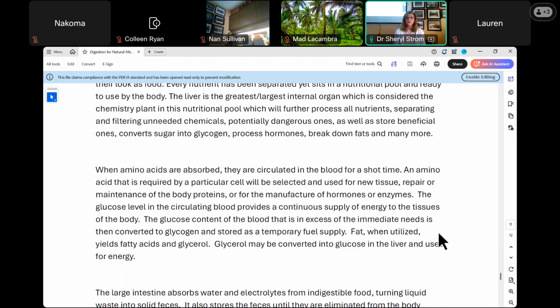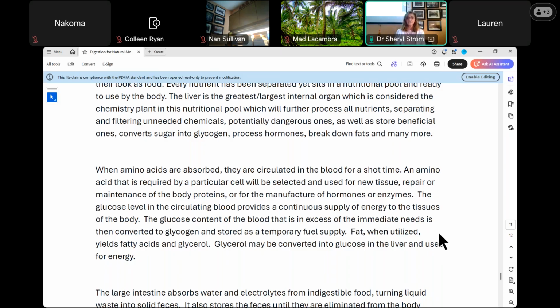When amino acids are absorbed, they are circulated into the blood for a short time. An amino acid that is required by a particular cell will be selected and used for new tissue, repair or maintenance of the body proteins, or for the manufacture of hormones, or even more enzymes. The glucose level in the circulating blood provides a continuous supply of energy to the tissues of the body.